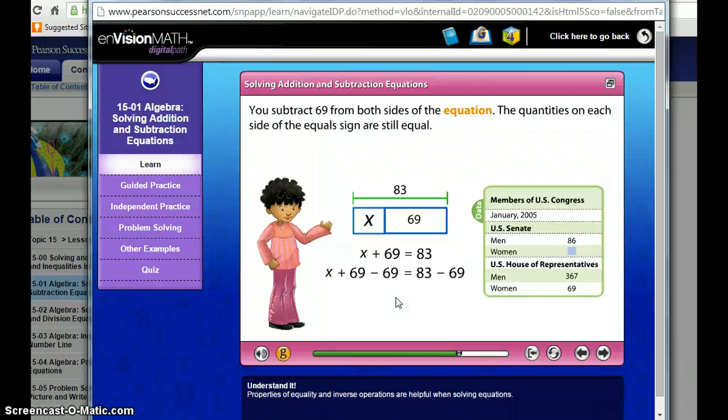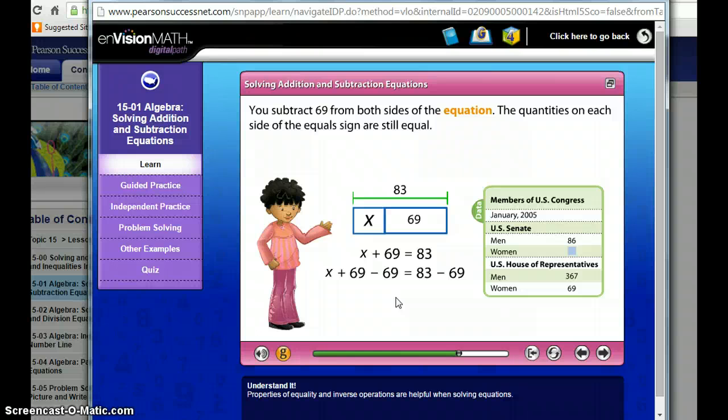equals 83. I want to isolate the variable. That means get it by itself. You do that by working backwards. This says plus 69. I'm going to minus 69. If I had 69 minus 69, that is 0. It's gone.